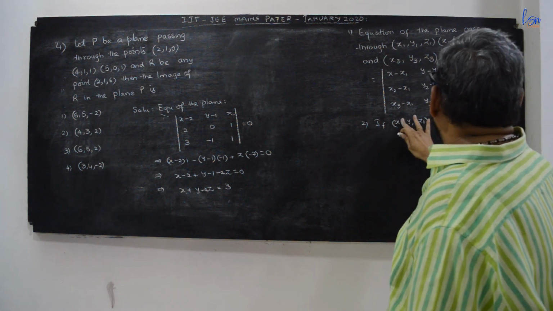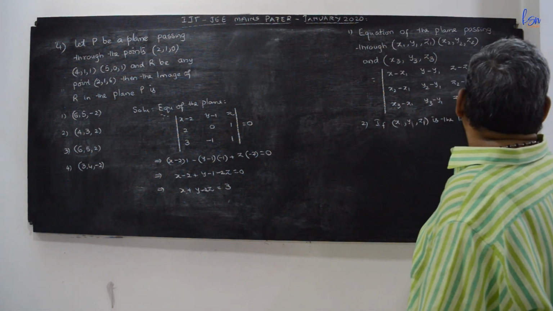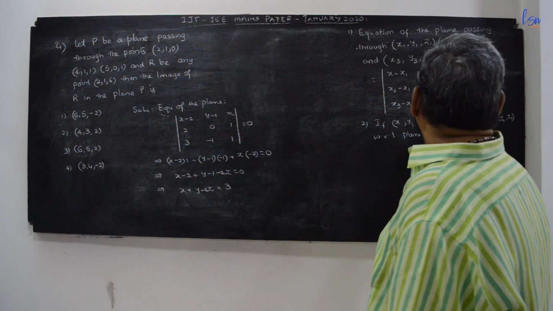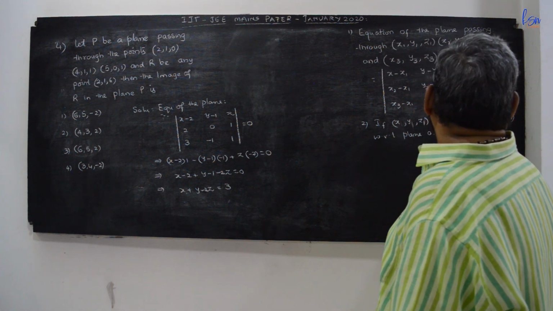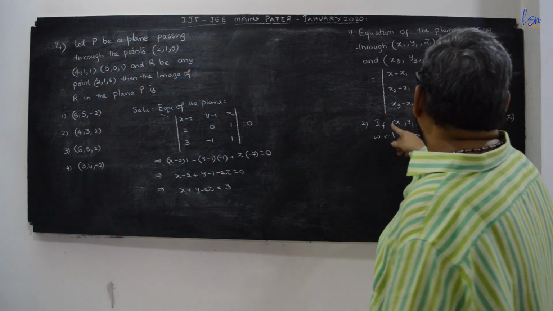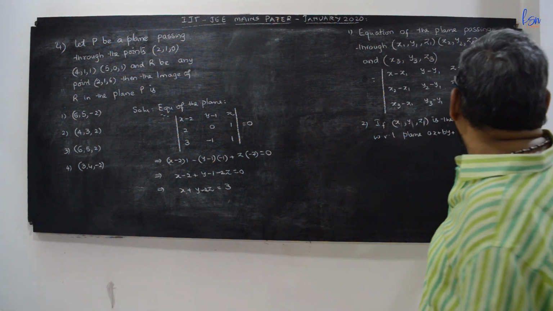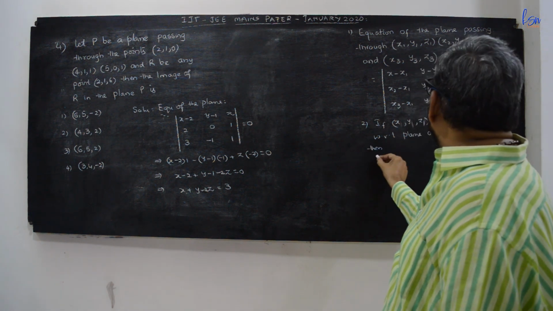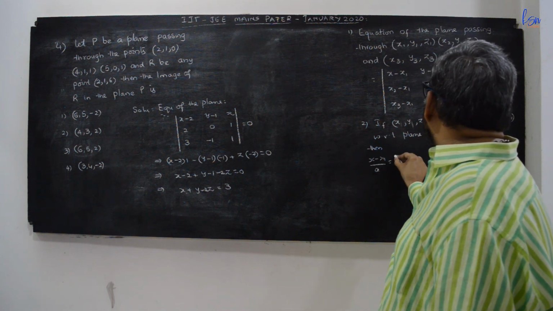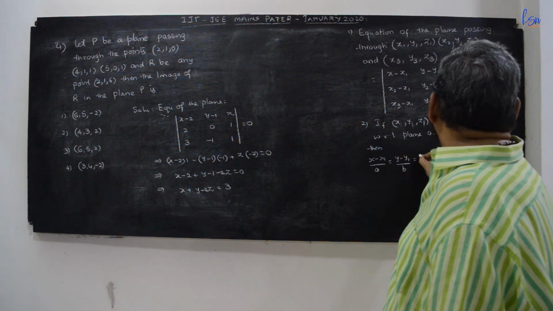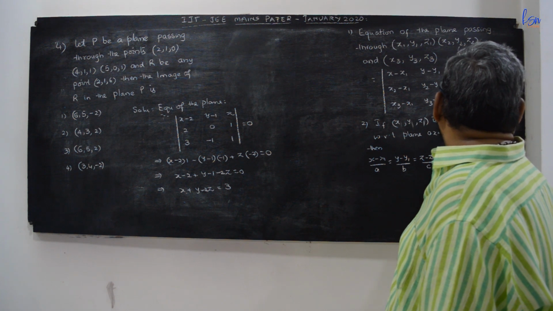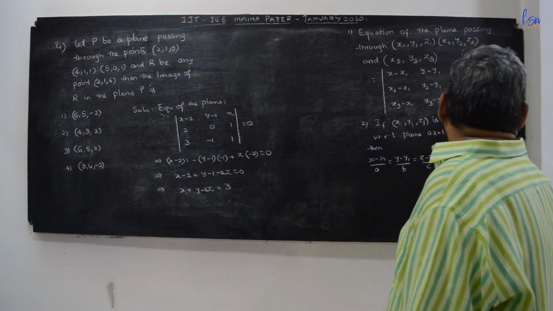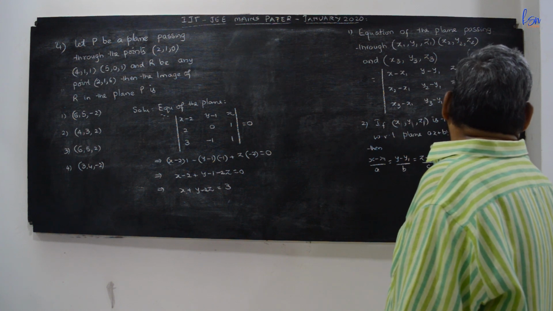If x comma y comma z is the image of x1, y1, z1 with respect to the plane ax plus by plus cz plus d equals 0, then (x minus x1) by a is equal to (y minus y1) by b is equal to (z minus z1) by c is equal to minus 2 into (ax1 plus by1 plus cz1 plus d) by (a square plus b square plus c square). That is the formula.